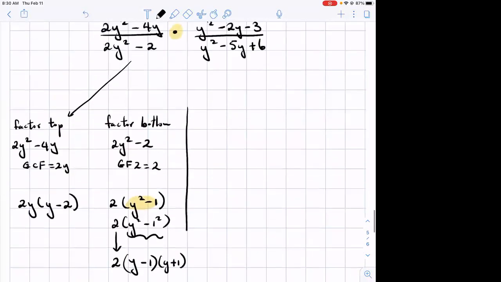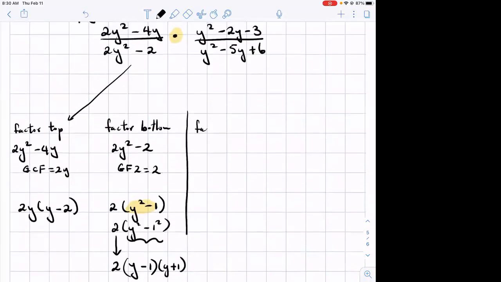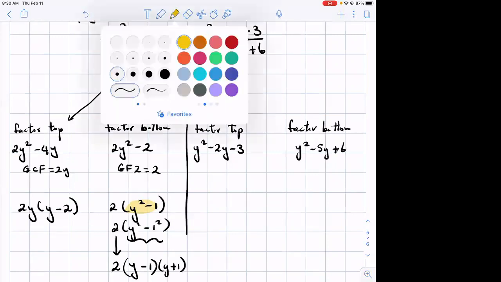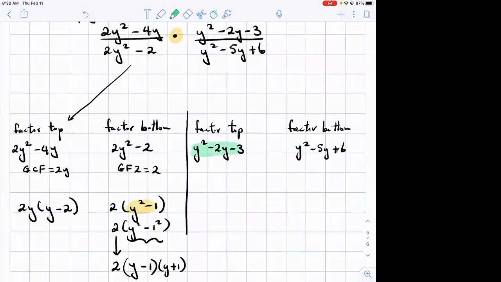Now let's look at the right side. If we factor the top, which is y squared minus 2y minus 3, and we now factor the bottom, which is y squared minus 5y plus 6. Well, these are both quadratics, okay? They are both quadratics, so we know that this could possibly factor into the product of two binomials.